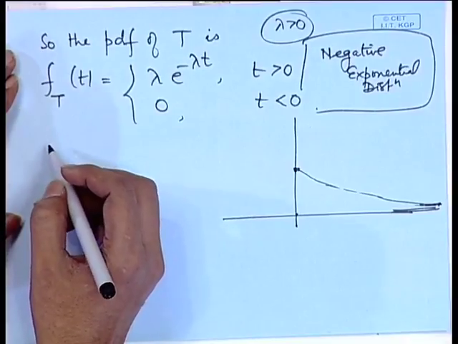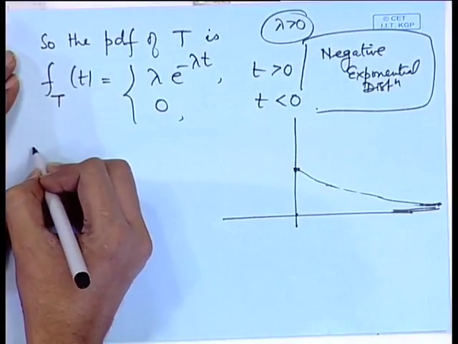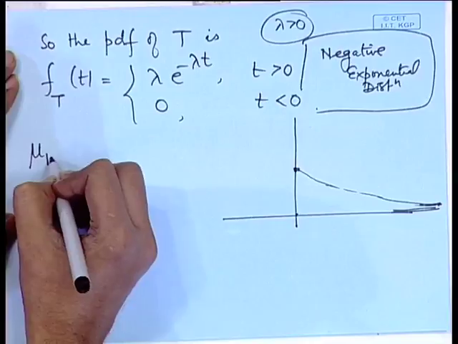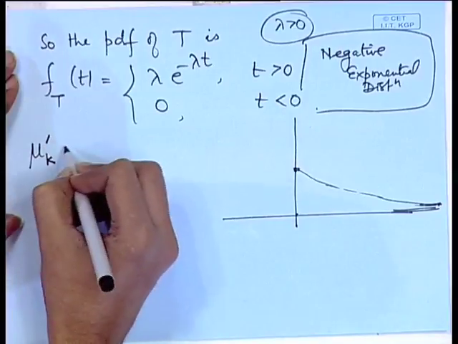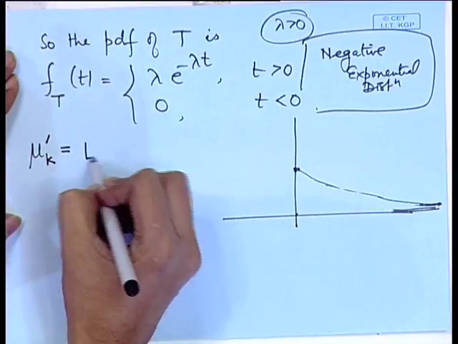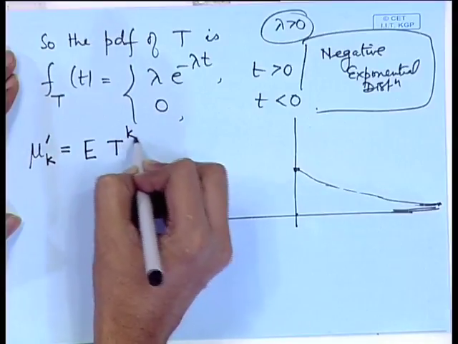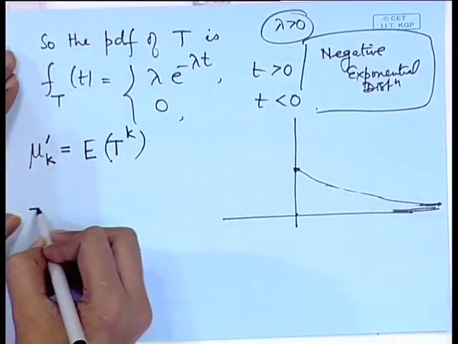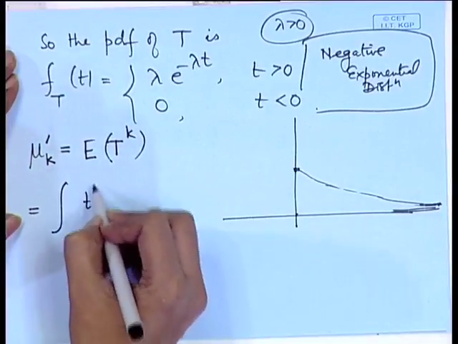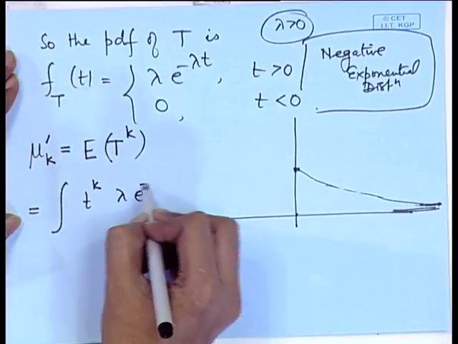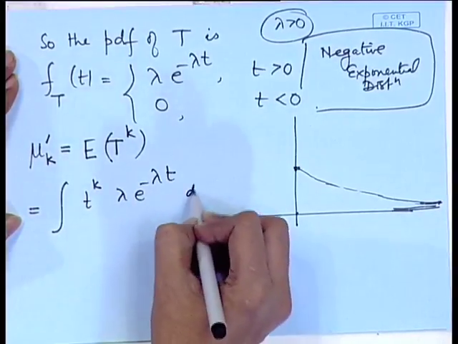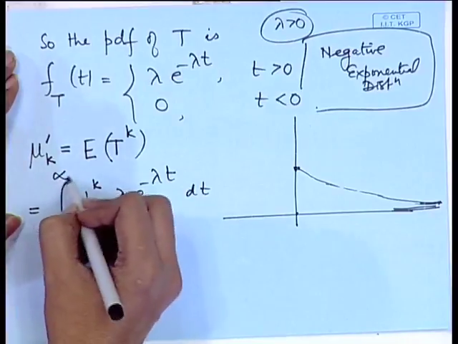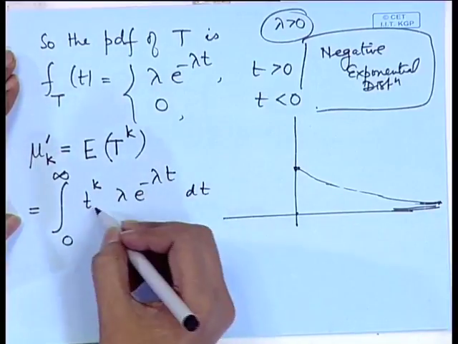Let us look at its moments, etcetera. So, if we consider a general moment of the kth order, it is expectation of t to the power k, that is equal to the integral of t to the power k lambda e to the power minus lambda t dt from 0 to infinity. Now, this is nothing but a gamma function.